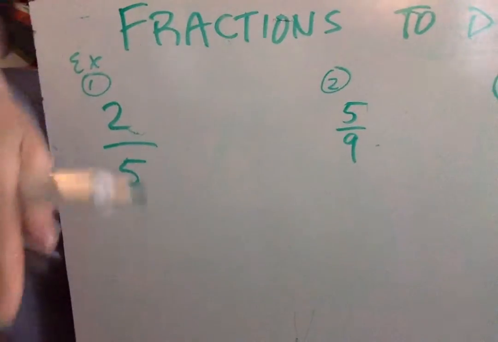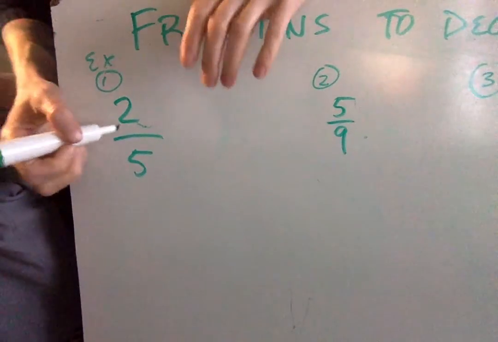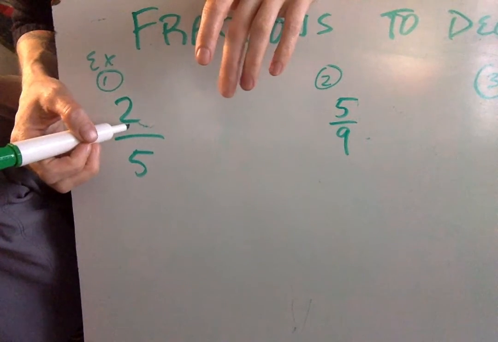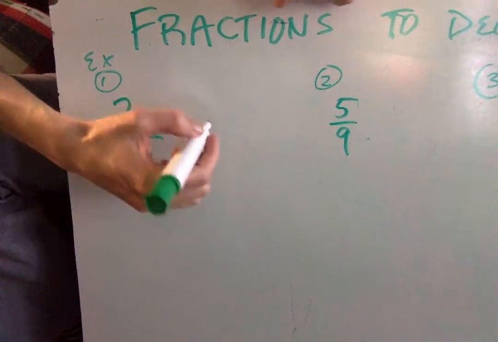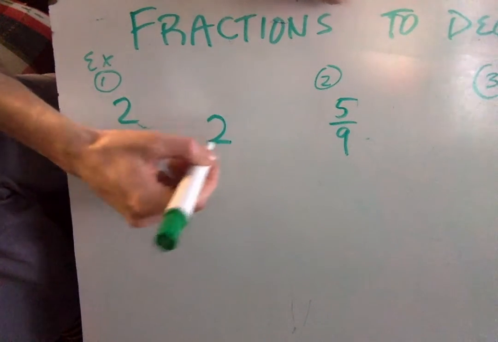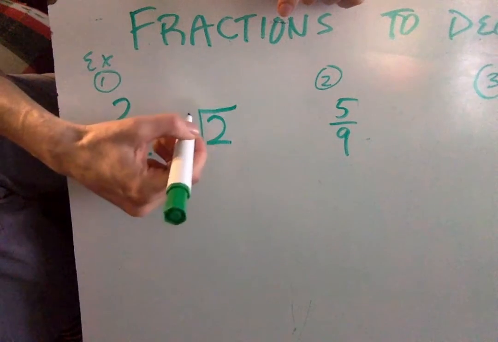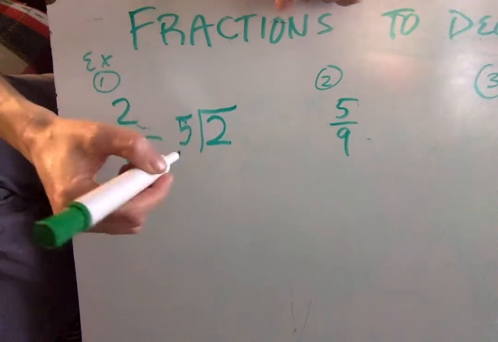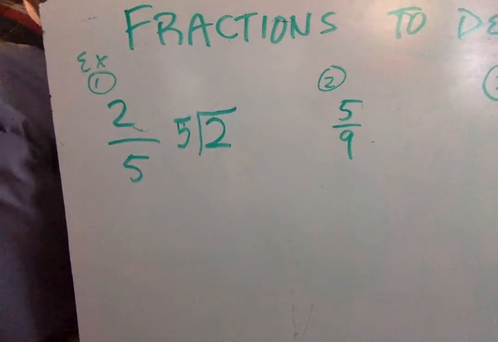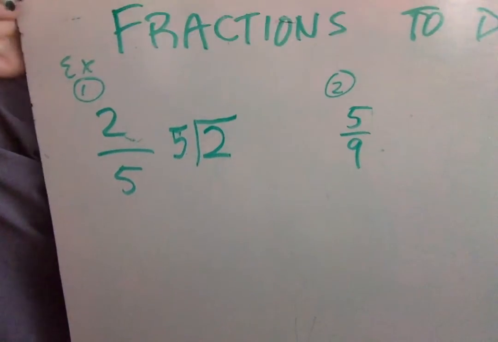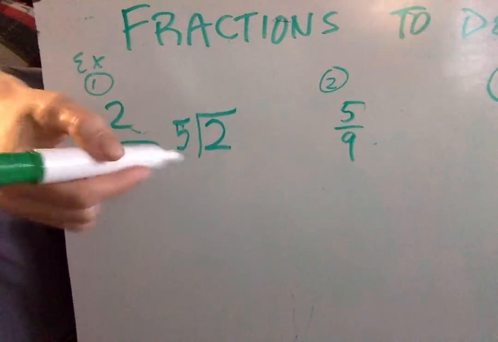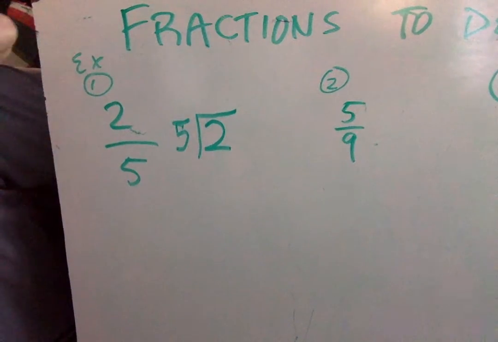So, 2/5 means that 2 is being divided by 5. This is some serious upside down math. 2 is being divided by 5.